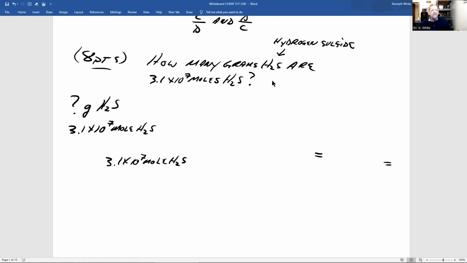Your turn. Time's up. Well, we figured it out right here. We want grams of H2S. Now, if we had a magic ratio, it's not a magic ratio, it's chemistry. What units go on top and bottom of that ratio? Your turn.